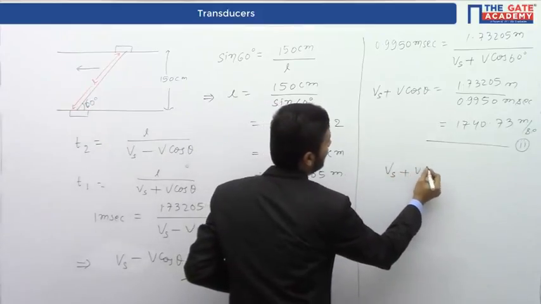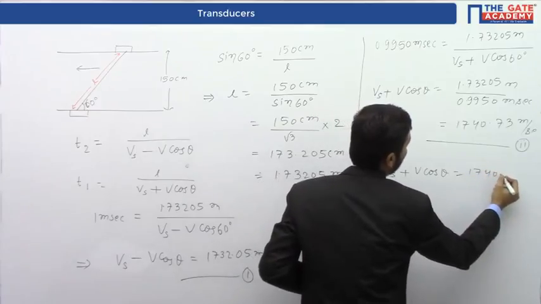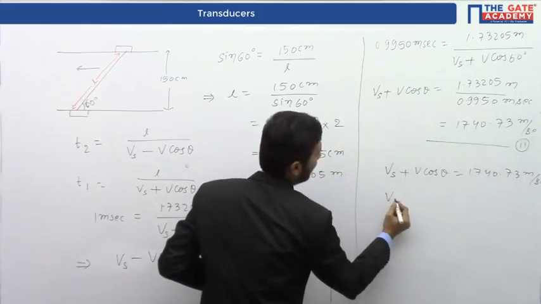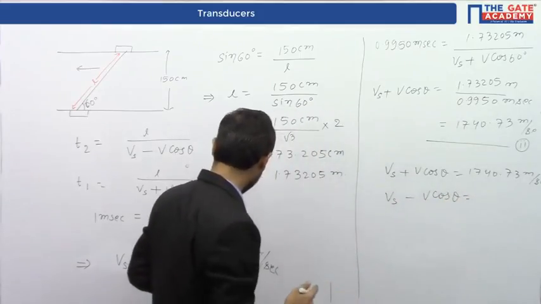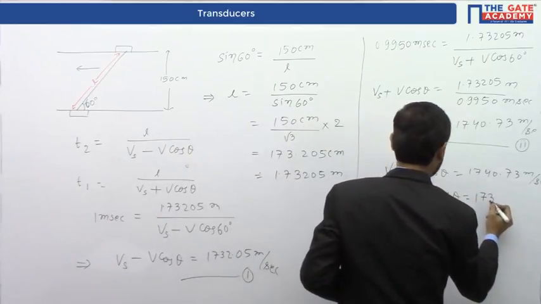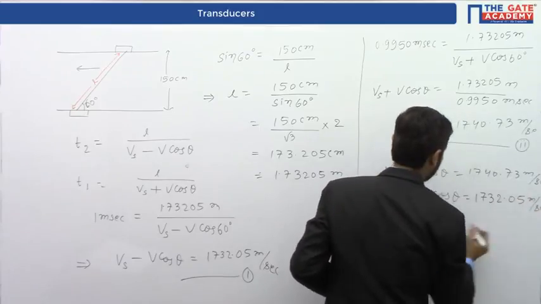Vs plus V cos theta equals 1740.73 meter per second, and Vs minus V cos theta is given as 1732.05 meter per second.